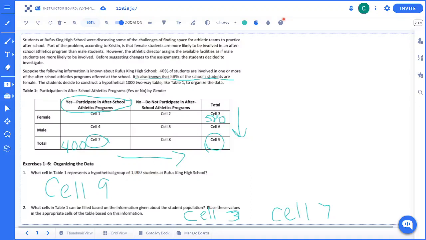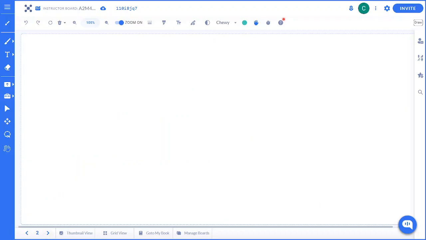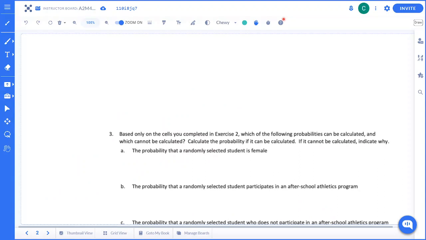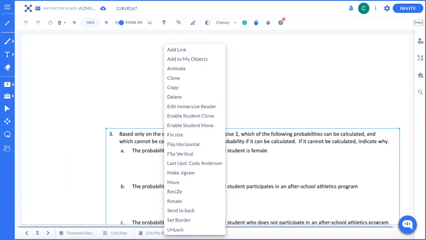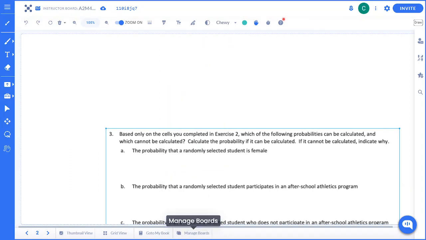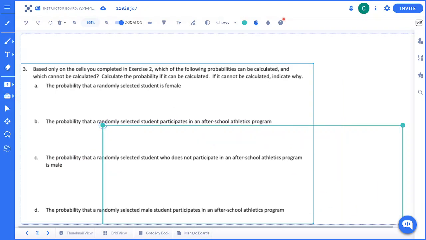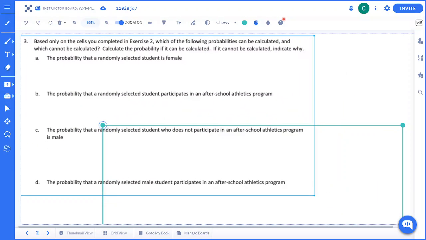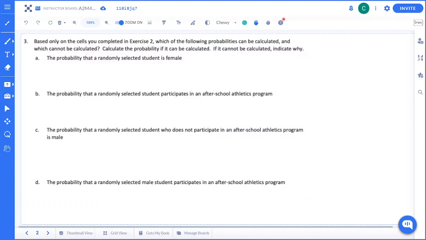So let's go to page 2. And, oh my goodness, what's happened here? Let's unlock that. Let me move this up. And then we will paste our chart.